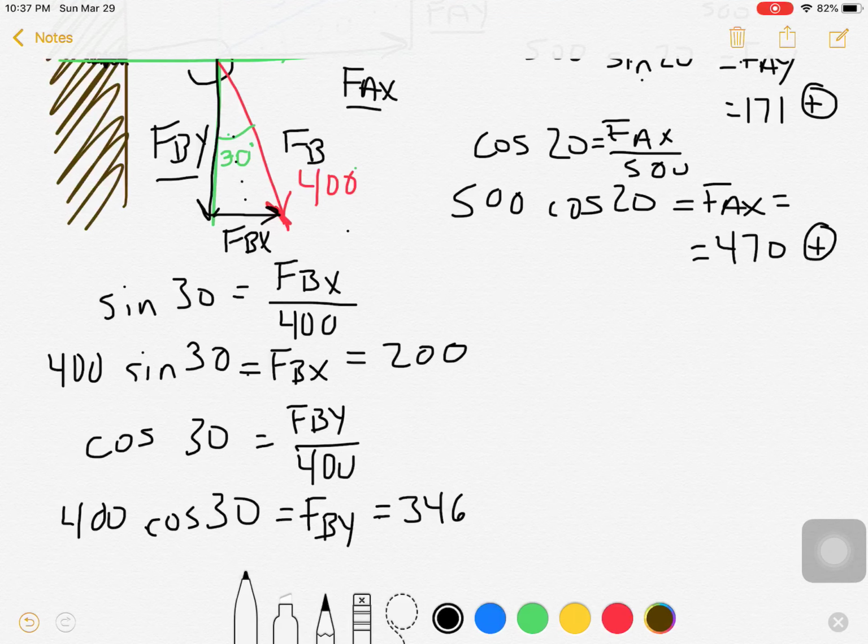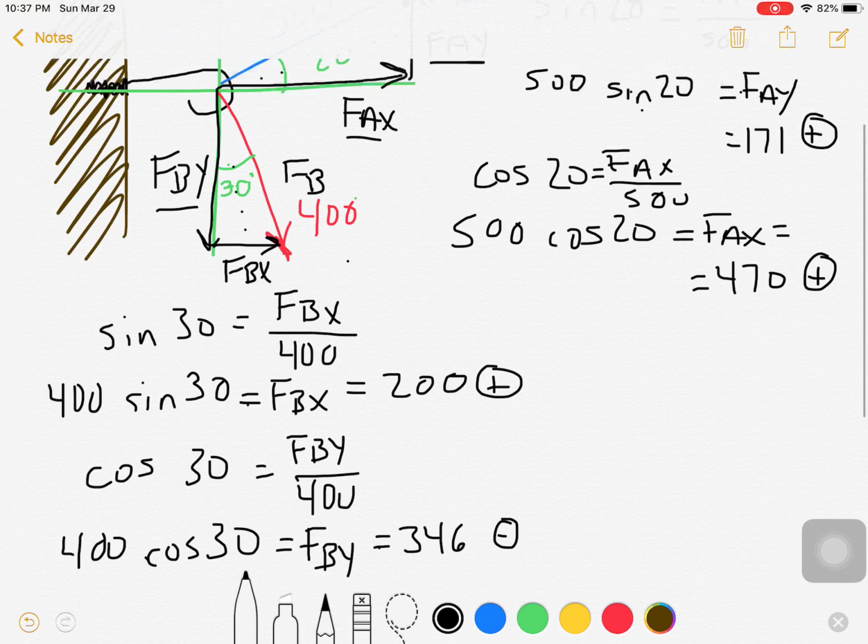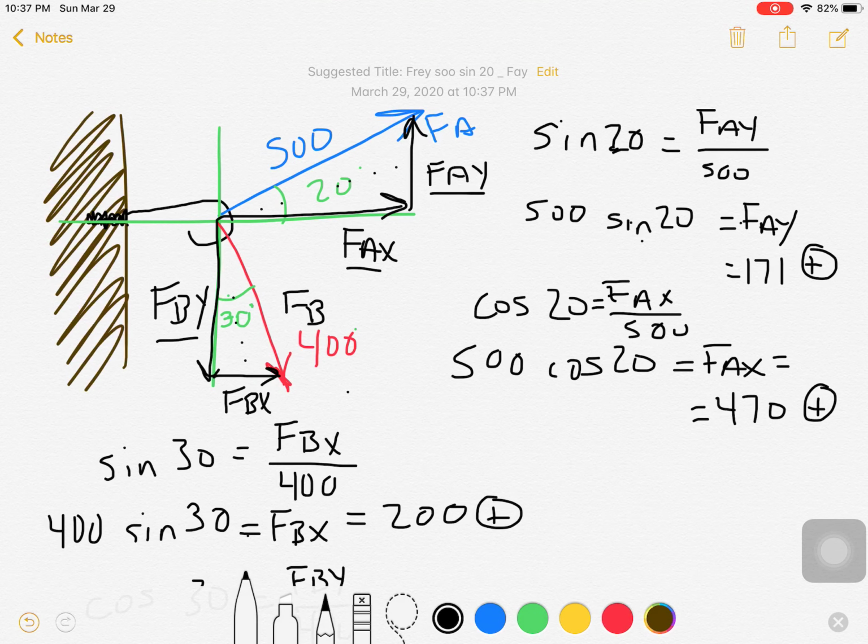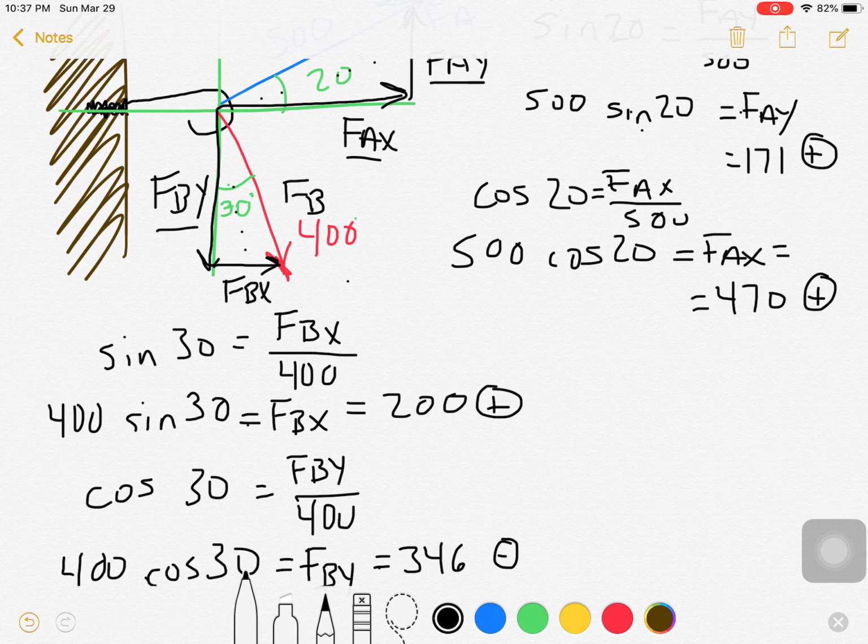Now, something important to note here, we should check the sense of the arrow. So the arrow is going to the right, which means that the 200 is going to be positive, but the arrow is also going down, which means our force BY is negative. Now, if we want to find the overall result here, when we combine both of these two arrows, we have some result coming out.